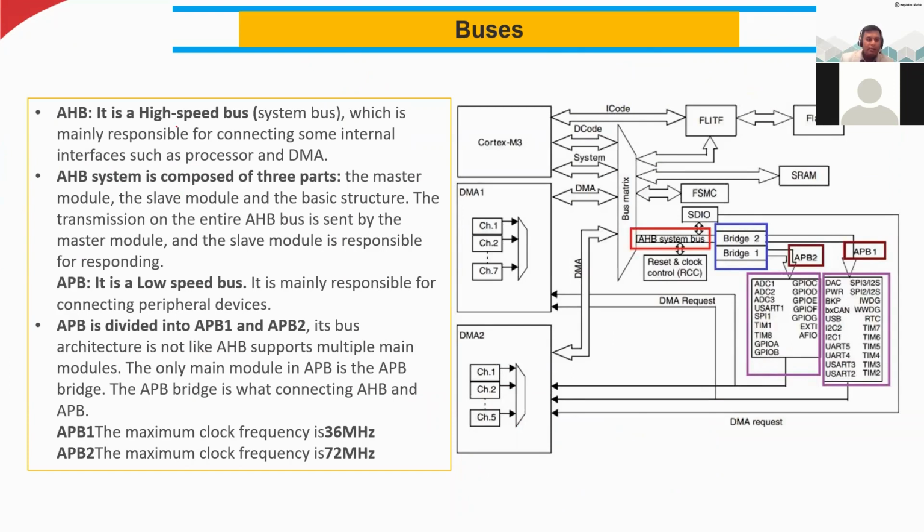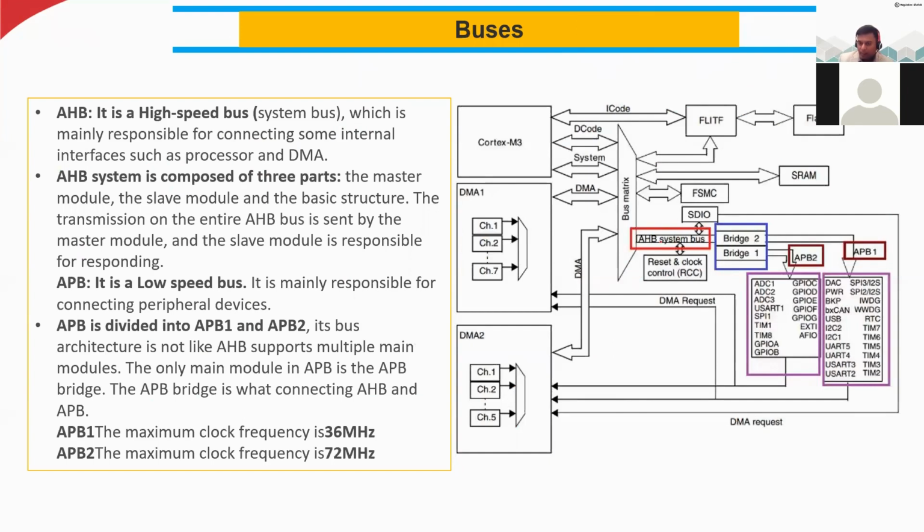The AHB again is a high-speed bus which is mainly responsible for connecting internal interfaces. This is the architecture, so now you can see very clearly where it's located in the microcontroller. This is not the entire microcontroller, only part of it.